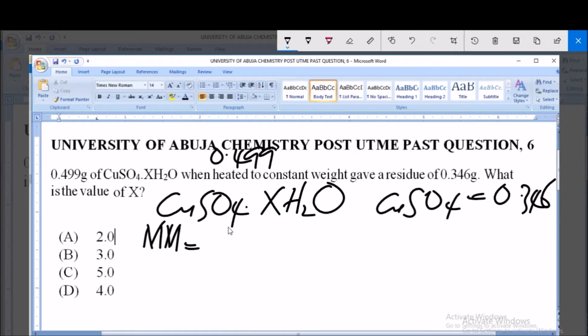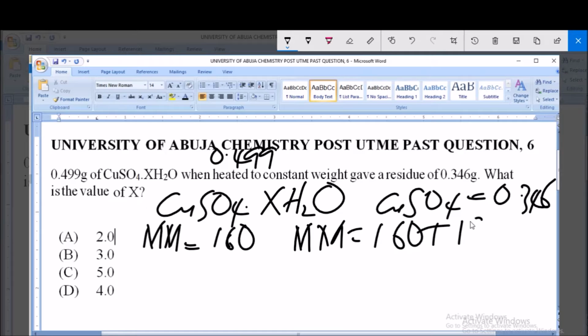So for CuSO4, the molar mass is 160. For the entire hydrated salt, it will be equal to 160 plus 18x, and that's because H2O is 1 times 2 plus 16, which is 18.